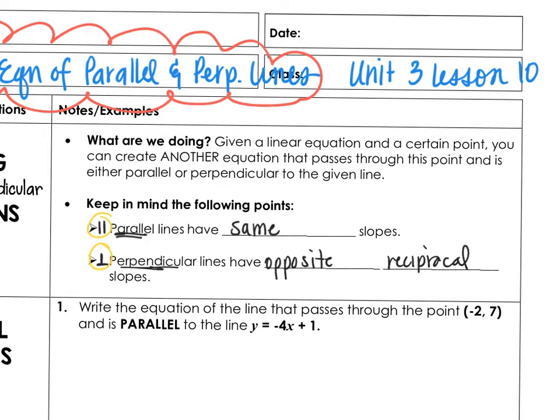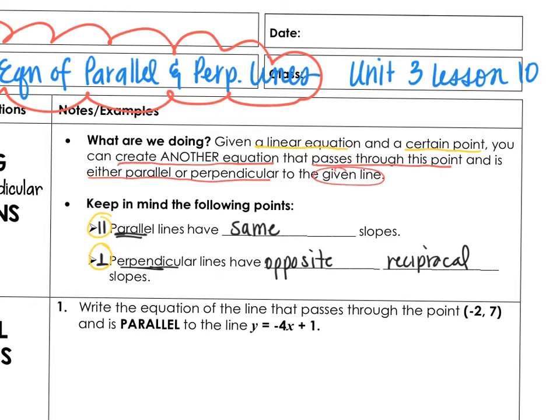Let's take a look at what you're doing. You're going to be given a linear equation and a certain point, and your job is to create another equation that passes through that point and is either parallel or perpendicular to that given line.